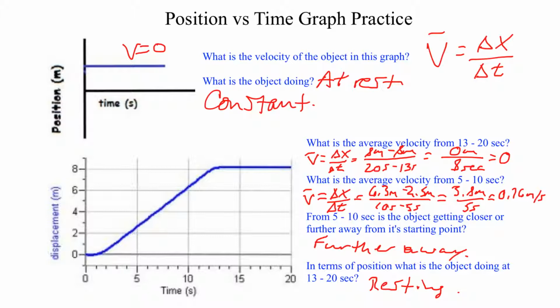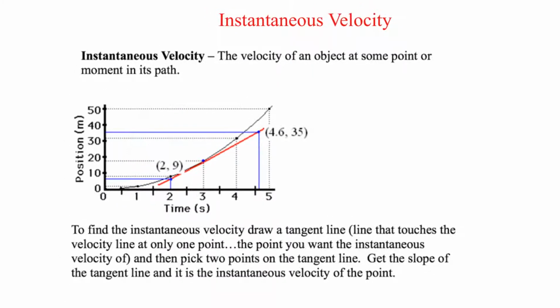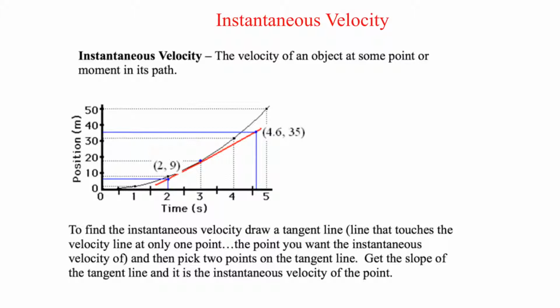Okay, cool. Let's look at the next set of problems. We're going to talk about instantaneous velocity now. All of the stuff that we've done previously has been for average velocity. But now we want to talk about instantaneous velocity: what's happening at a single moment in time, not a range of times.